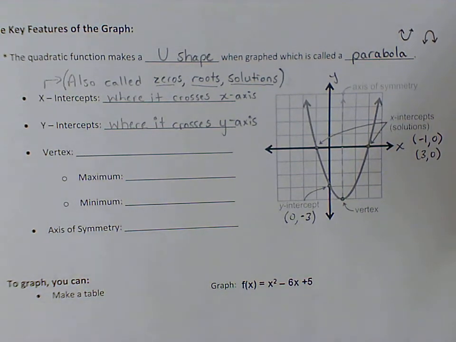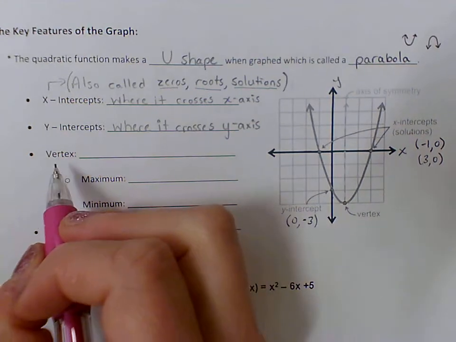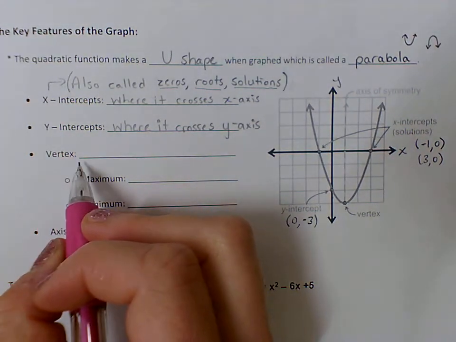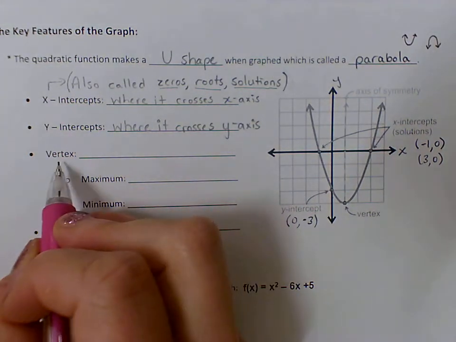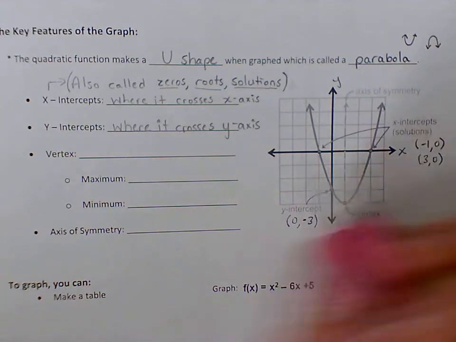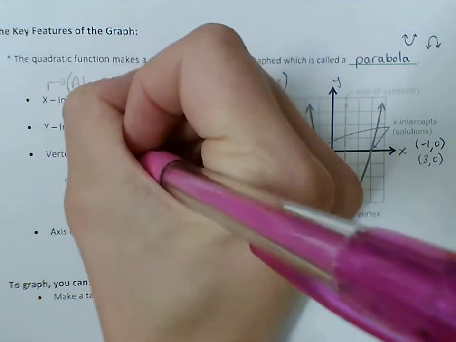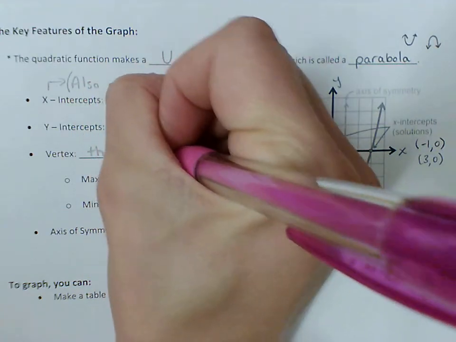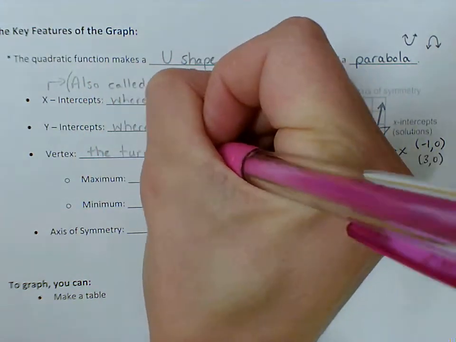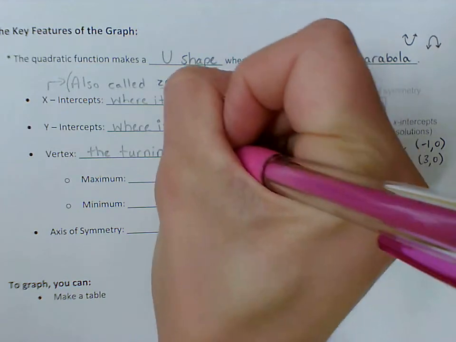Okay? Now, specific to these types of figures, to parabolas, you're also going to be talking about a vertex of your graph, okay? So the vertex of a parabola is actually the turning point, the point where the parabola turns, of that U. So it's the turning point of your U shape.